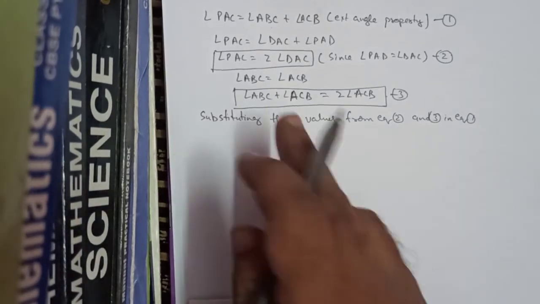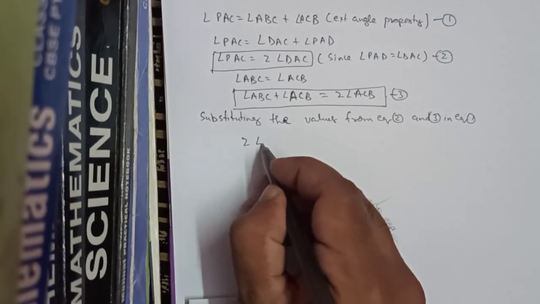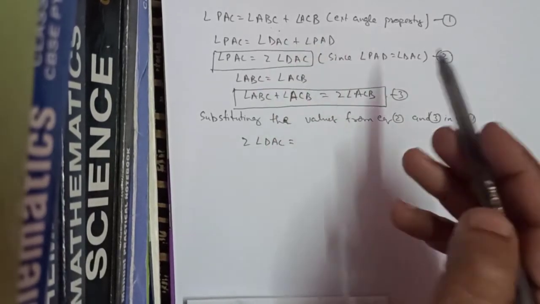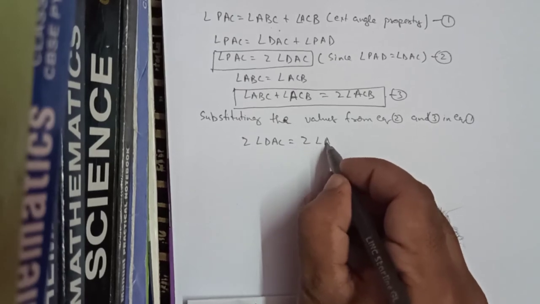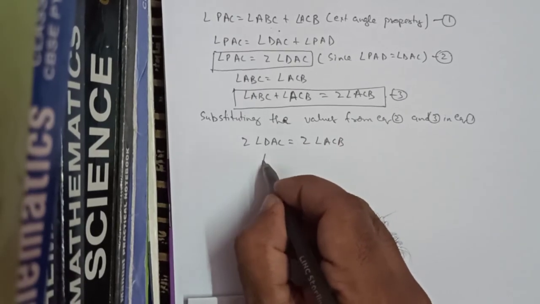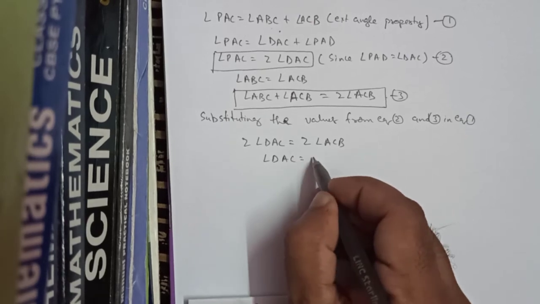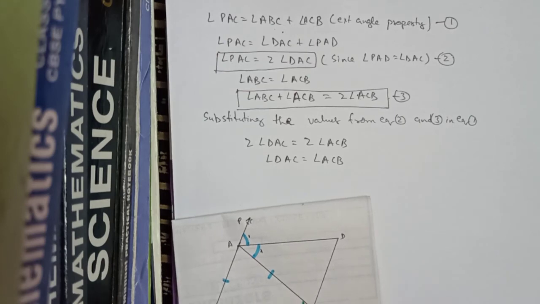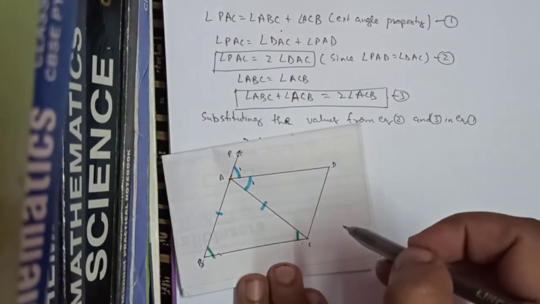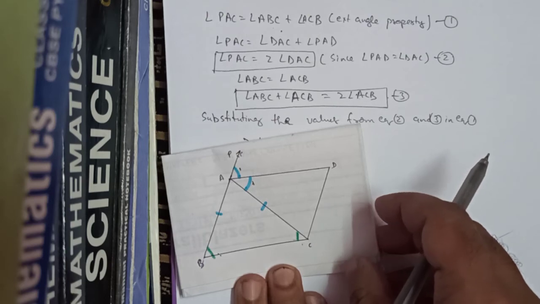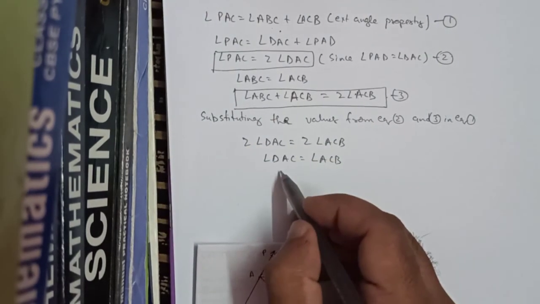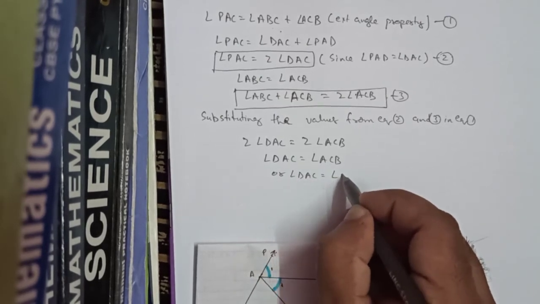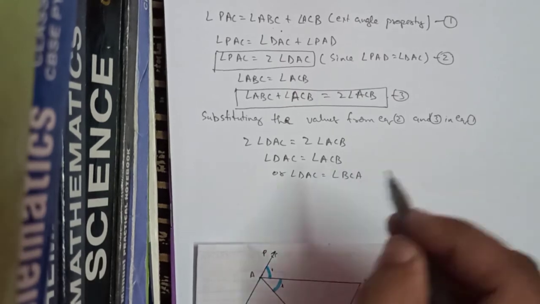In equation number 1, PAC will be substituted by 2 times angle DAC, and ABC plus ACB will be substituted as 2 times angle ACB. So we can write DAC is equal to angle ACB. So DAC and ACB are equal, or as given in the question, we can say that angle DAC is equal to angle BCA. So the first part is proved.